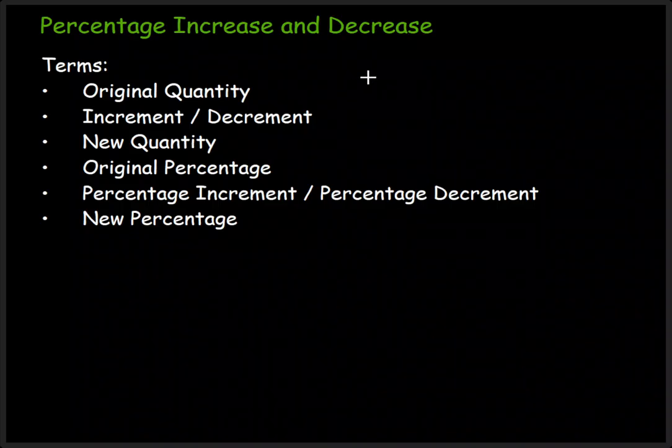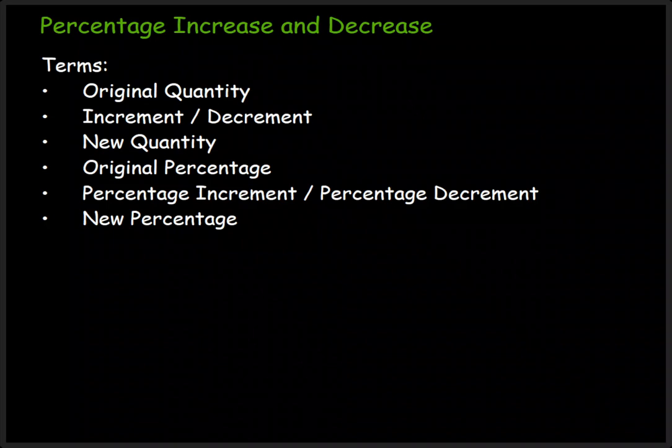We have the original quantity. We have the increment and decrement. We have the new quantity. We have the original percentage, the percentage increment or percentage decrement, and then we have the new percentage.